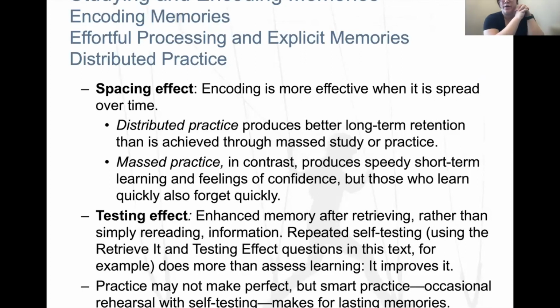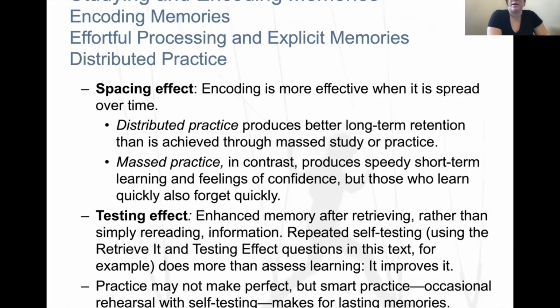There's a few other strategies for helping you encode memories. One of them is the spacing effect. Encoding, or making short-term memories long-term memories, is more effective when it's spread out over time. So distributed practice produces better long-term retention than is achieved through mass study or mass practice.